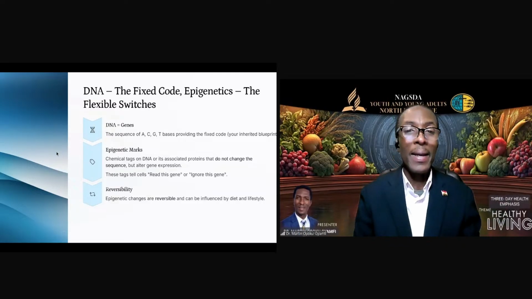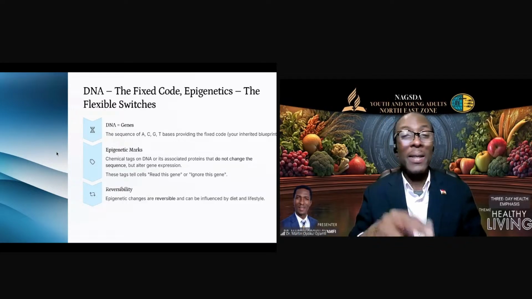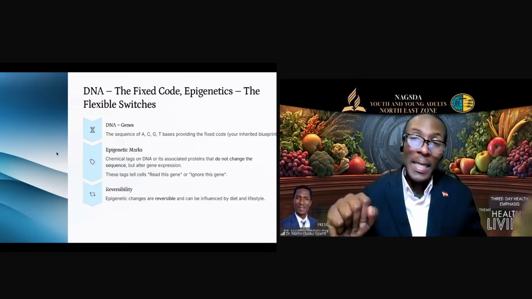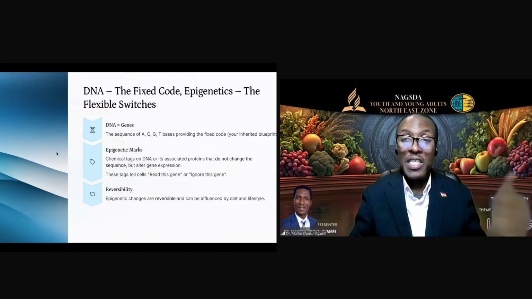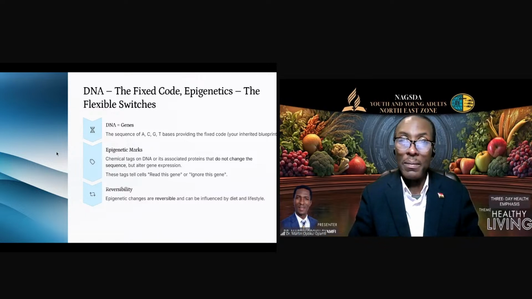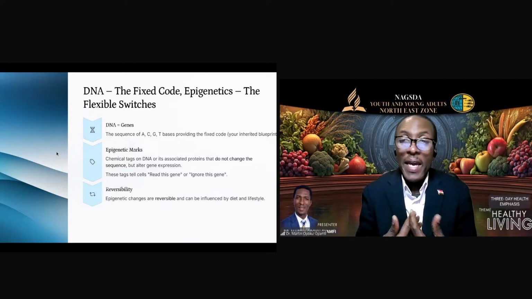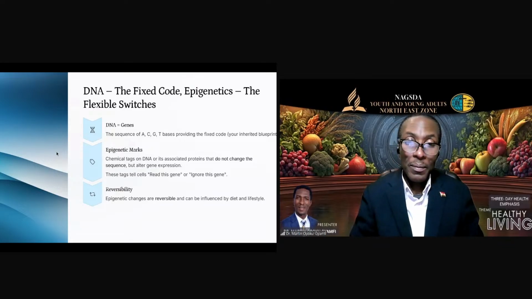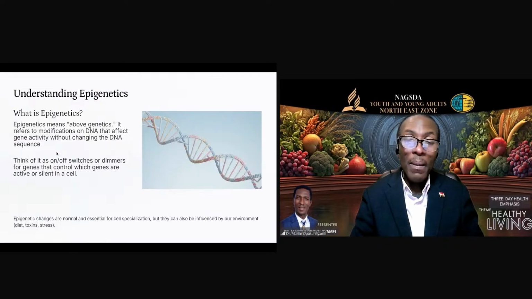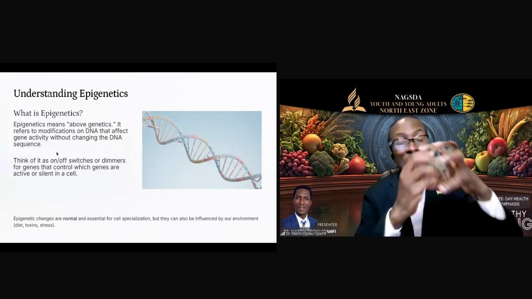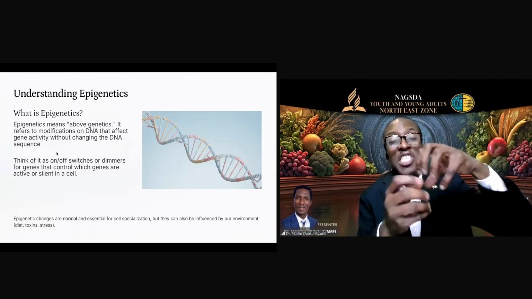And then there's a second one. The second is called histone modification. If you go back here and look at the DNA, this is a gene that has been unwound.